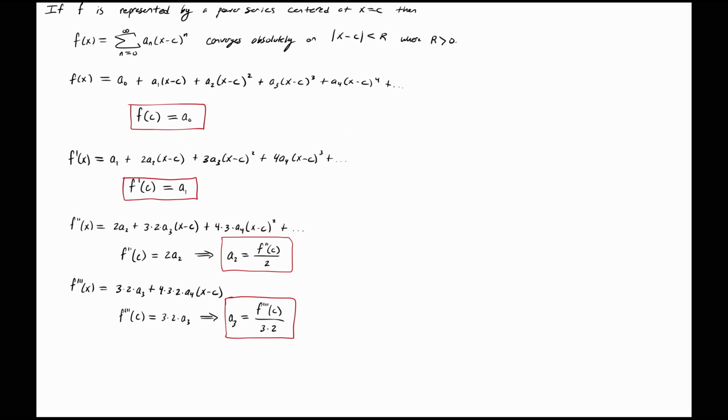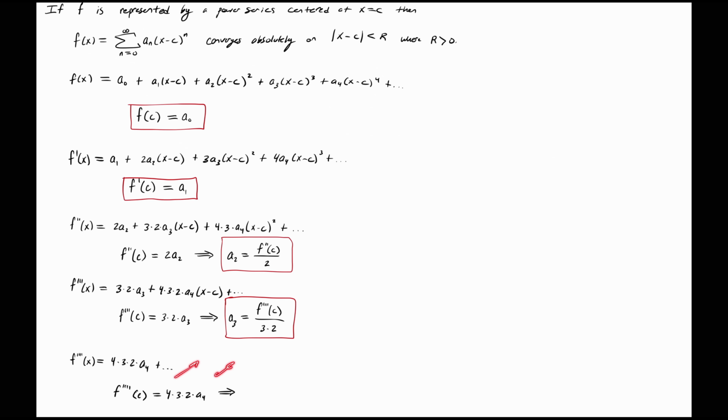Okay, so then lastly, we have our fourth derivative here. So our fourth derivative would give us, I should have a plus and some dot dot dots there, 4 times 3 times 2 times a4. Well, there's nothing to plug in here. I guess technically, because we have some dot dot dots here, I should actually write that, because whatever's in the dot dot dots, they definitely have an x minus c term in it.